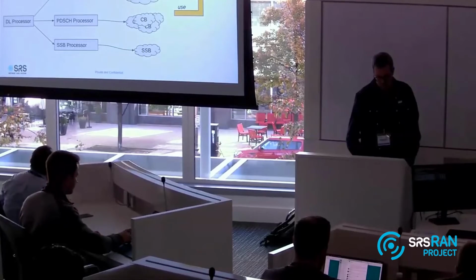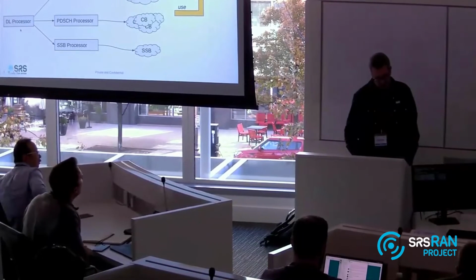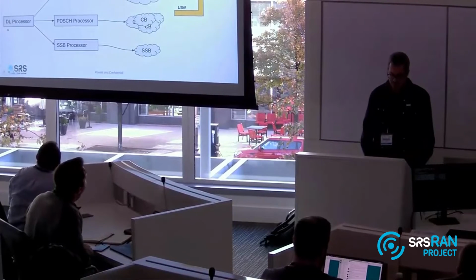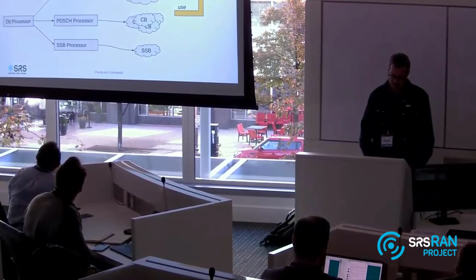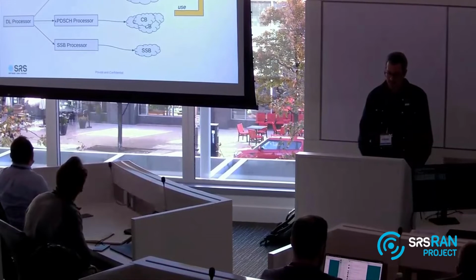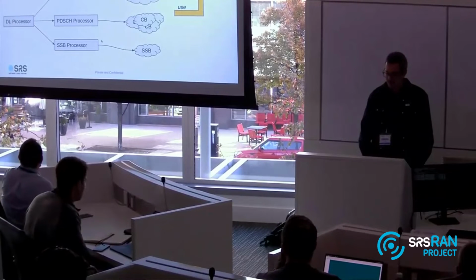On the L1, we have what we call processors. We have the downlink processor. This is the case of the downlink processor, that calls the PDCCH processor, the PDSCH processor, and the SSB processor, and each of these will create tasks.